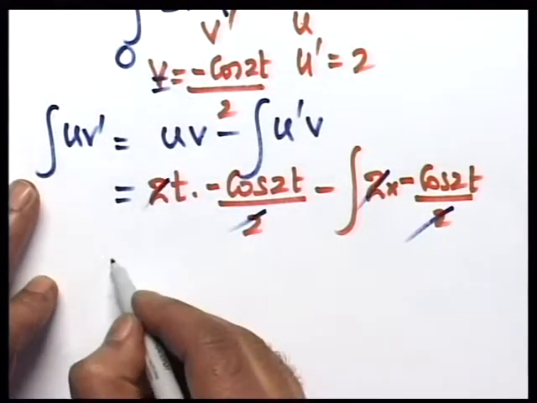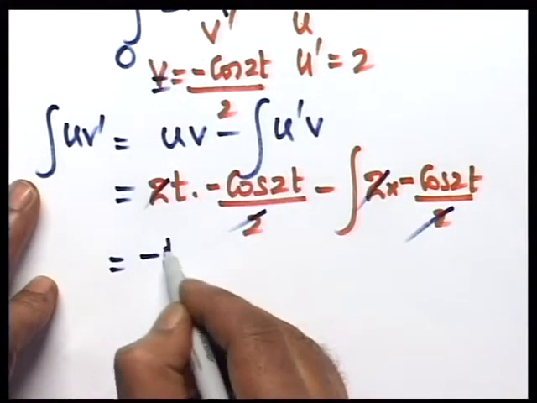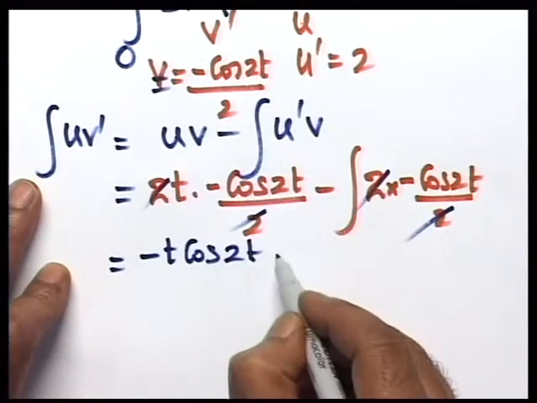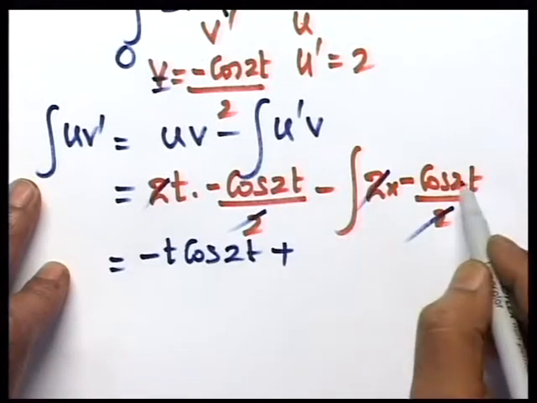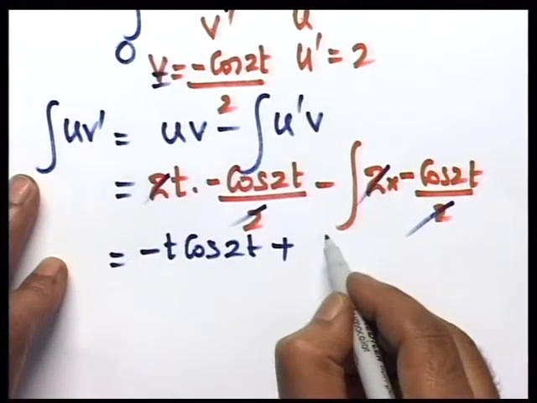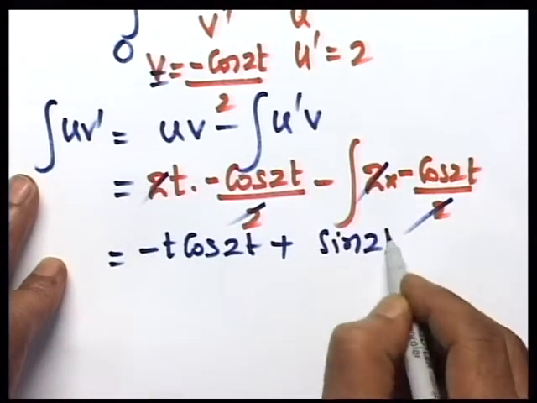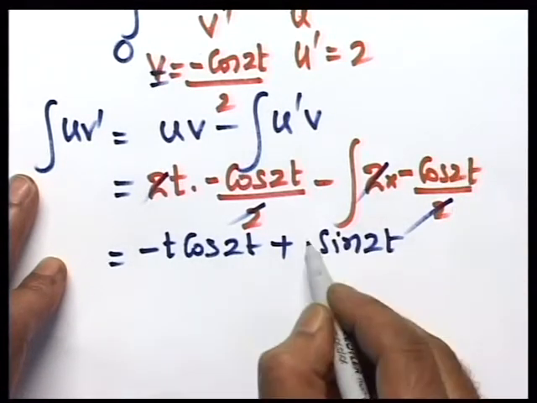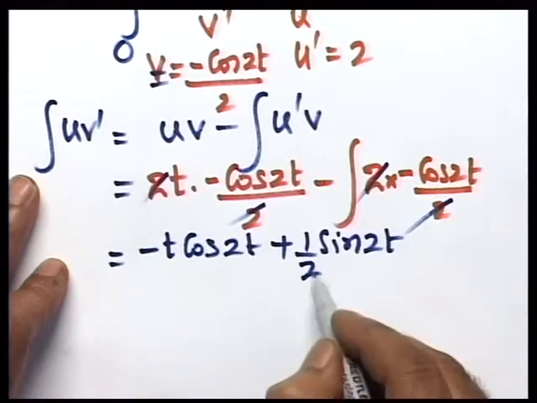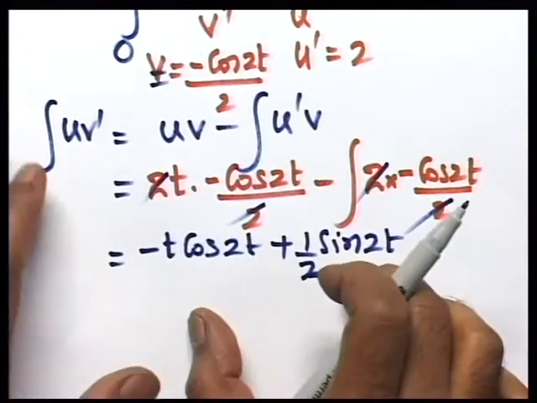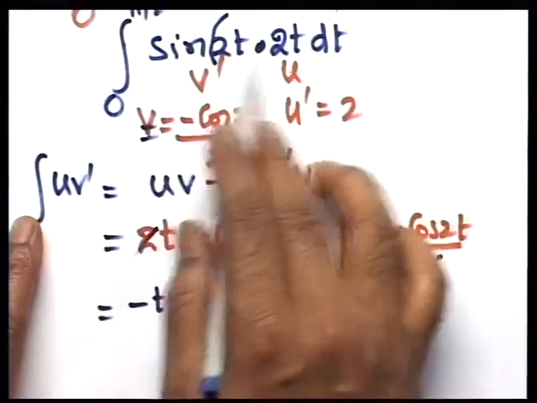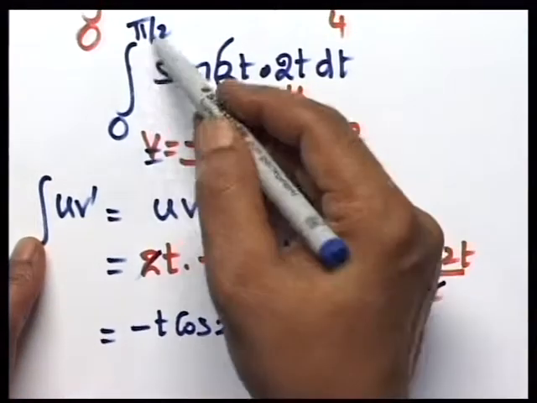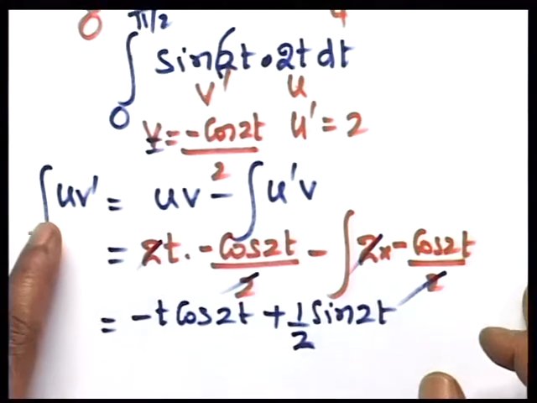We got minus t cos 2t, minus times minus plus. Integration of cos theta is sin theta. So that's sin 2t, but with the chain rule it's a half. There is no plus c because we have the limits there.